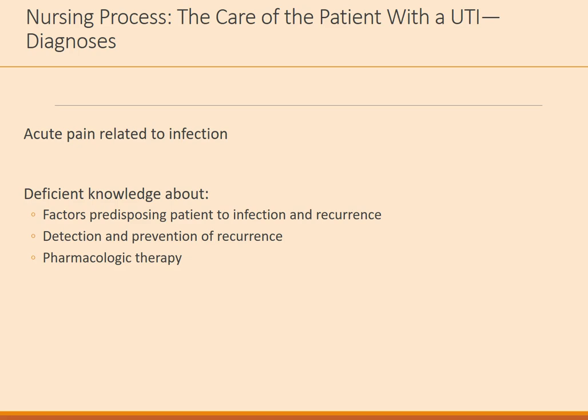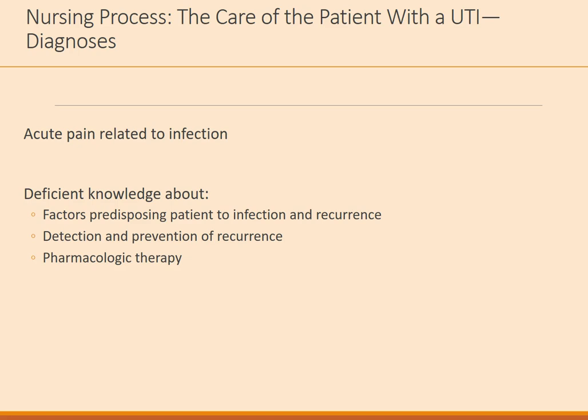The older patients get, the less likely they are able to notice the symptoms of a UTI. That's what causes the UTI to get worse and either turn into more pyelonephritis or it becomes septic. It's too late by the time they realize that they actually have a UTI.